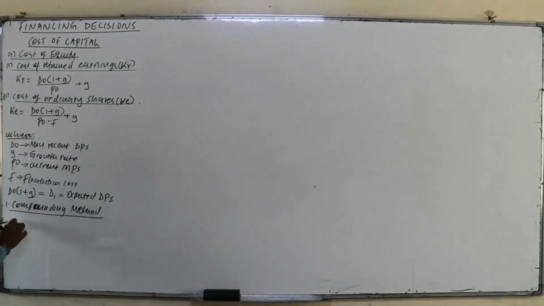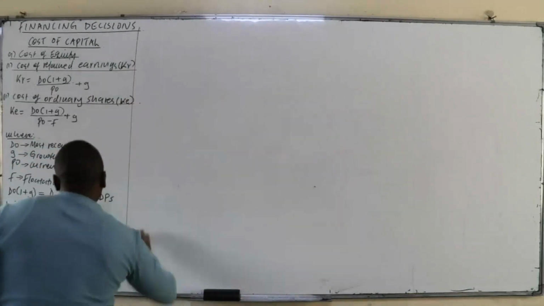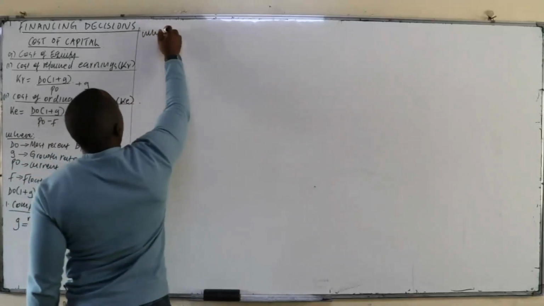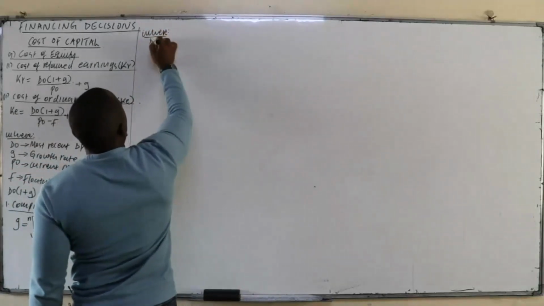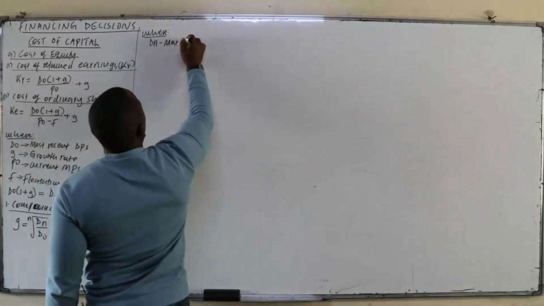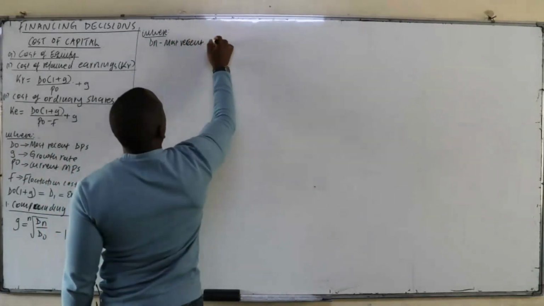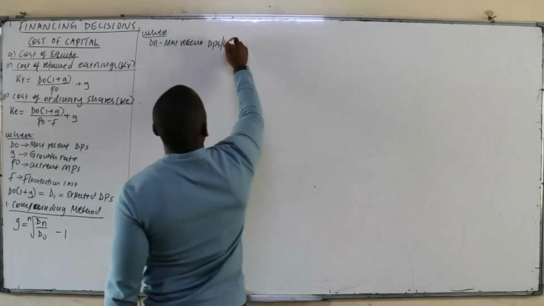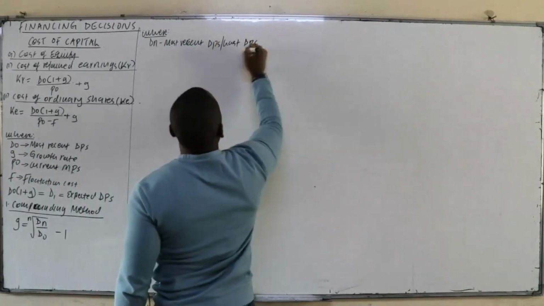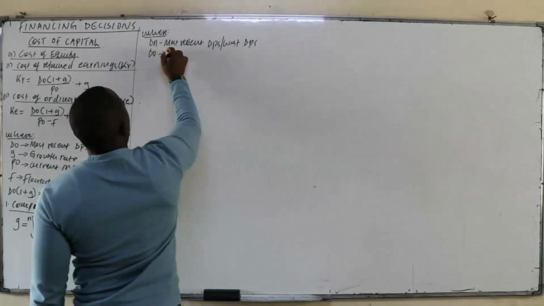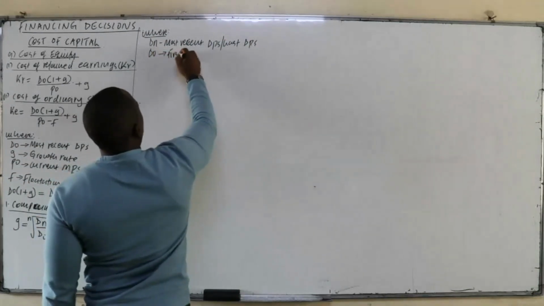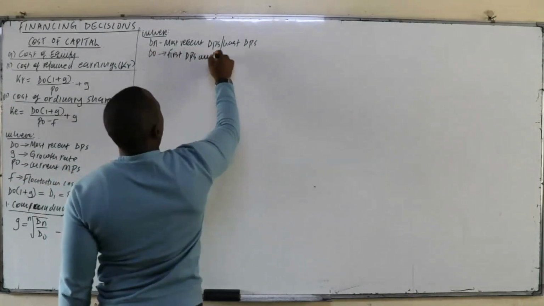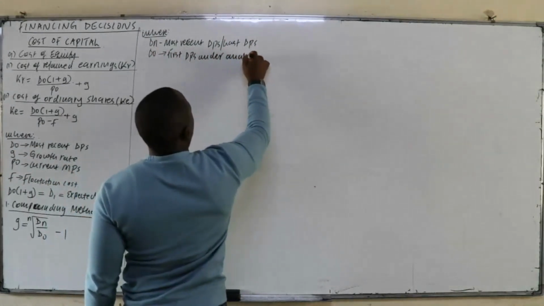To get the growth rate, you take the nth root of Dn over D0, minus 1, where Dn is the most recent or last dividend per share, and D0 was the first dividend per share under the analysis period.